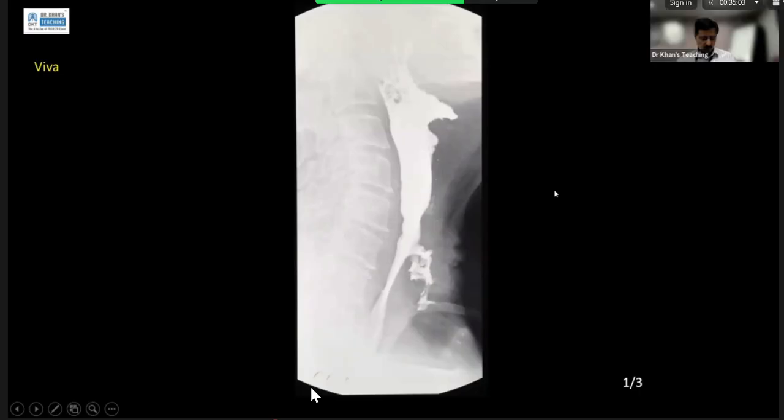So this is likely the level of the pyriform fossa, which is appearing irregular.